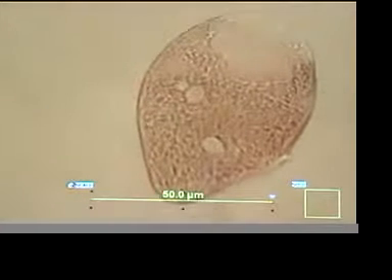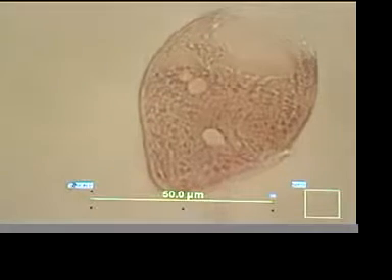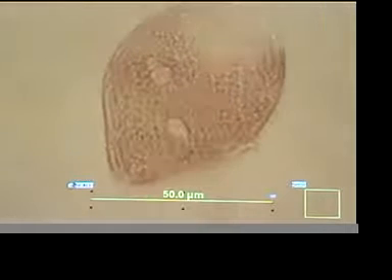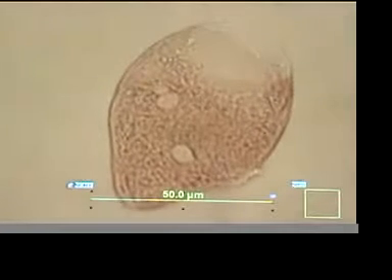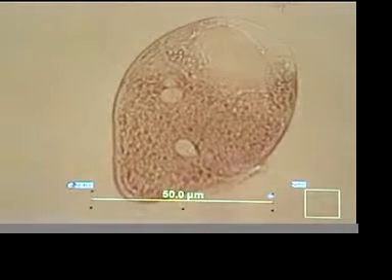This is me chasing a little bit on the microscope just to keep the organism centered in our picture. There we go. He's drifting upwards a little bit.